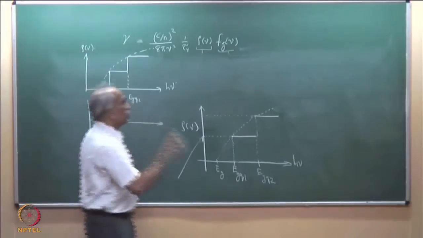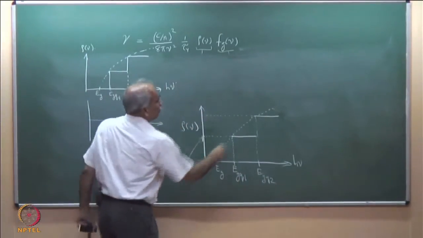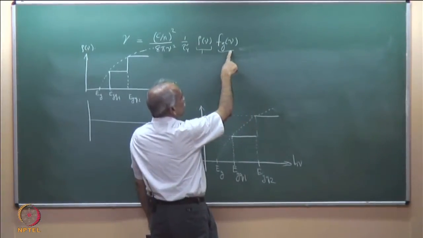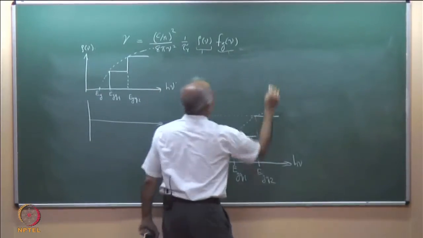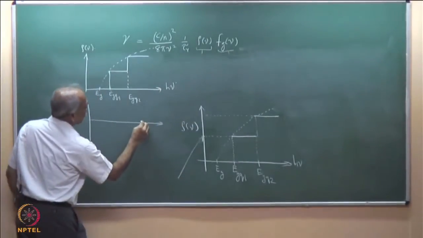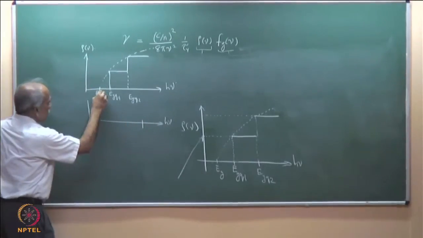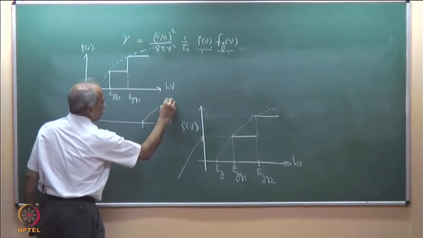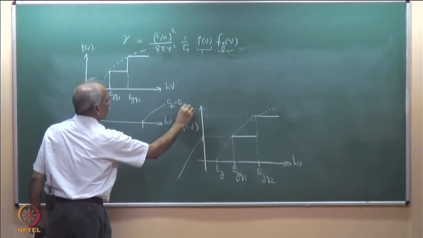Let us recall the thought experiment that we had done at 0 K. At 0 K, up to EFC minus EFV greater than 0, up to an energy, let us say we are here. This is h nu, this is Eg, and this is EFC minus EFV.